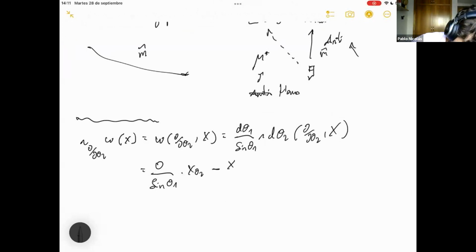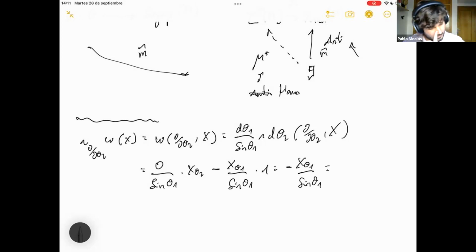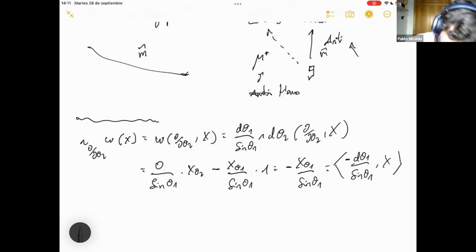So this would be xθ1 divided by the sine of θ1, times, and now dθ2 acts on the partial of θ2. So this is 1. So this is minus xθ1 over sine θ1, and this is the contraction of minus dθ1 divided by sine θ1 with the vector field x.